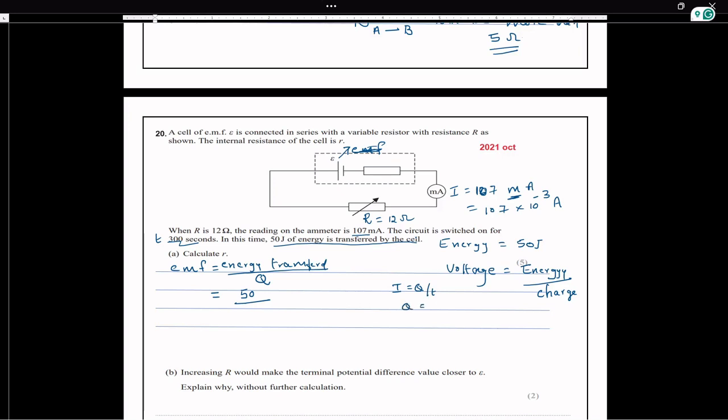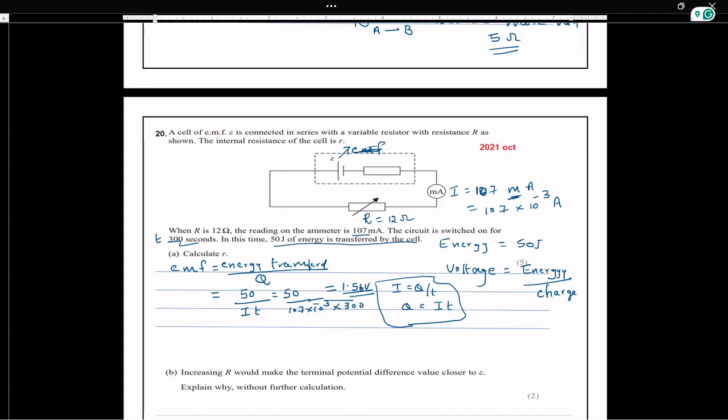Therefore, charge is I t. Instead of Q, I'm going to use the equation Q equals I t. So which is 50 over 107 times 10 to the power of minus 3 times 300. And this gives an answer for the EMF of 1.56 volts. Please make use of your calculator. EMF is 1.56 volt.